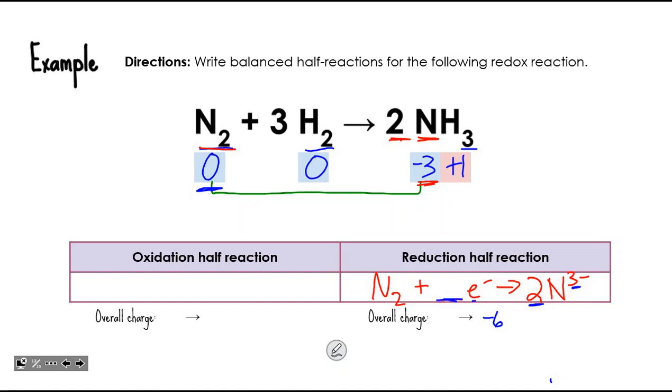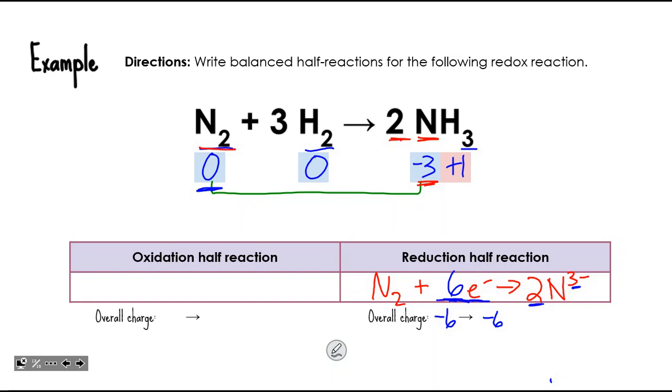Electrons are negatively charged particles, so how many of them do we need to make -6? We need 6, exactly right. So 6 goes here. So that's going to be -6 to -6. The charge doesn't have to be 0, it just has to be equal on both sides. So we have -6 on the left, -6 on the right. Has to be the same.